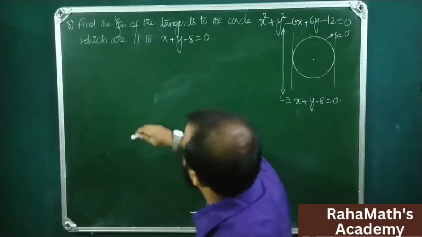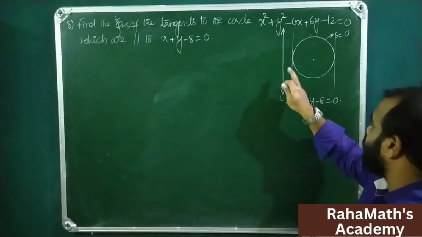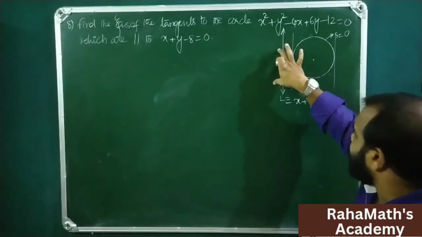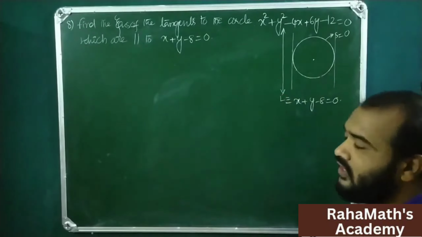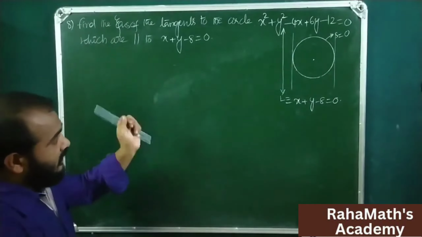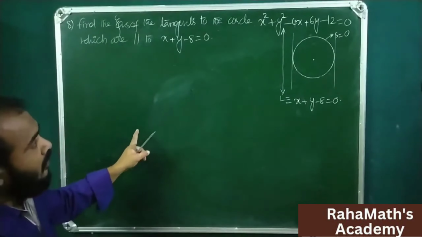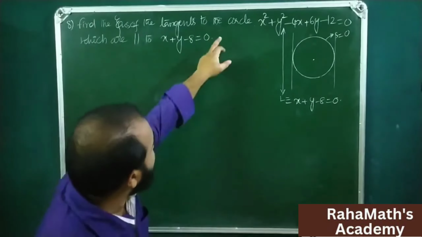That is why the question says find the equations of the tangents. So parallel to this there exist two tangents, and we need to find their equations. Before this, we had found the equation of the tangent at P(x1, y1).